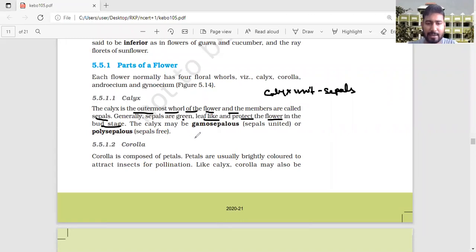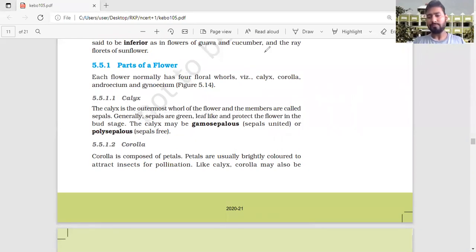The calyx may be gamosepalous, that is fused, and polysepalous calyx means the sepals are free. Gamosepalous means united sepals and polysepalous means free sepals. So this is the story about calyx.